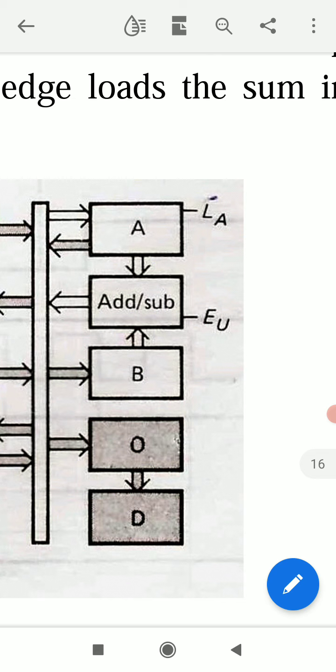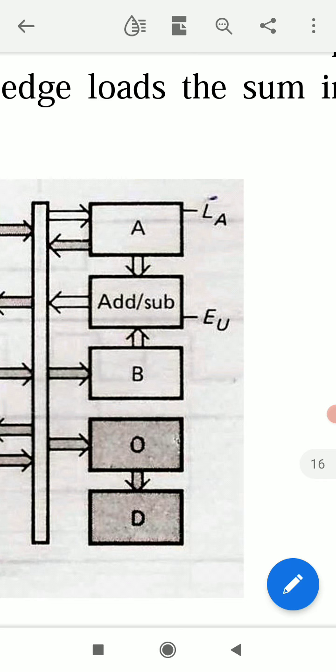When EU is active, this word, which is the addition of A and B register, goes to W bus, and from W bus it goes to accumulator when LA bar is active, load A register.